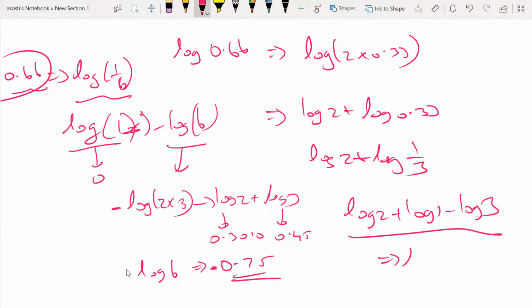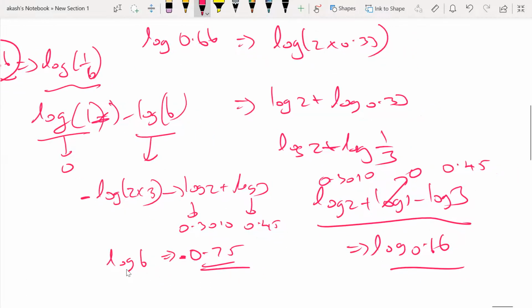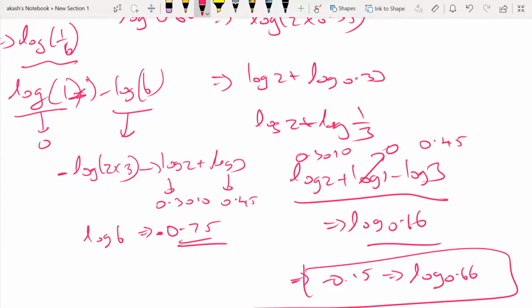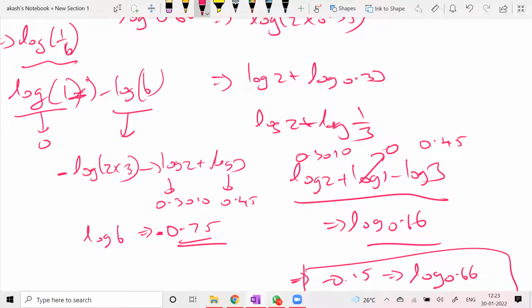That is nothing but log of 0.66. Every value you know now: log 1 is 0, log 2 is 0.3010, log 3 is 0.45. So 0.3 minus 0.45 will become minus 0.15 approximately. This is the value of log of 0.666.